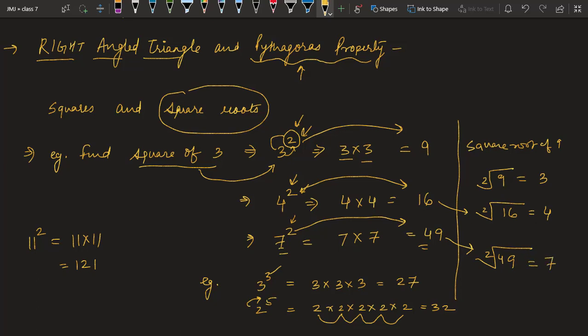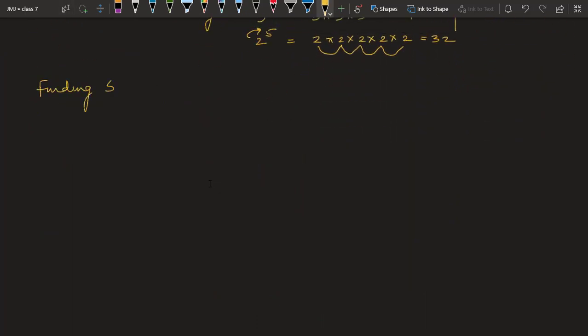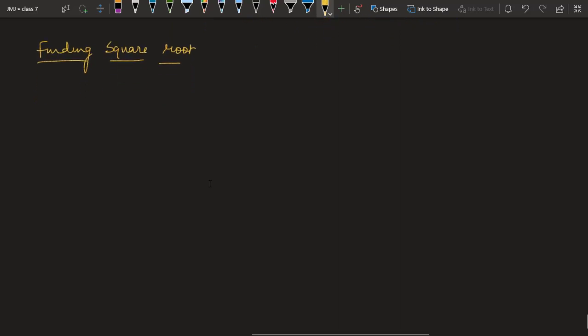Now the question comes, how do we find these square roots? For this, we have a method known as prime factorization. Actually, finding squares is very easy. In square, you just have to multiply. In square root, you have to go for prime factorization.